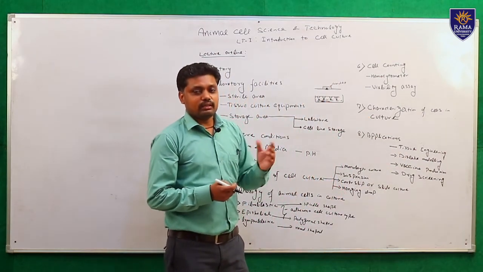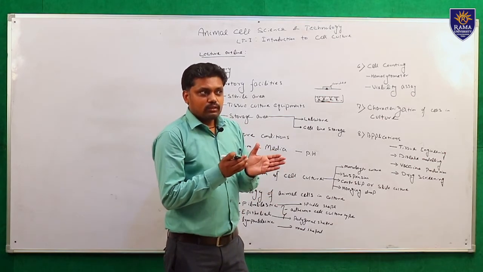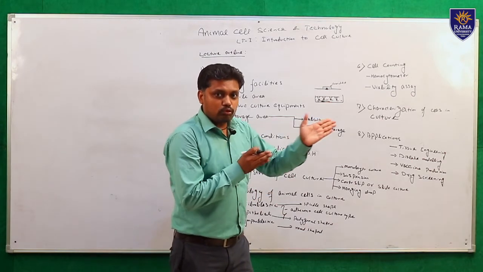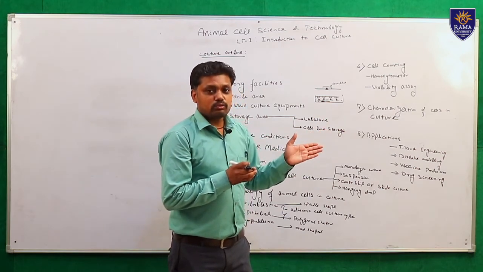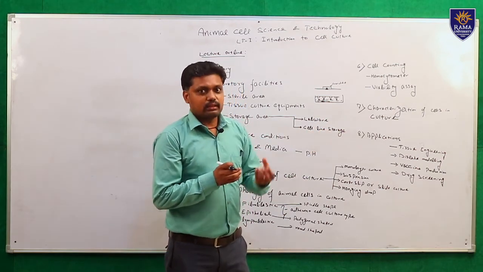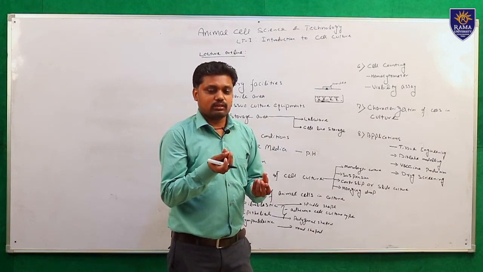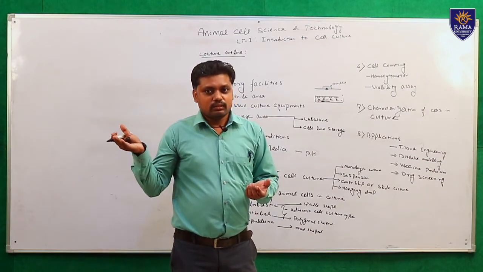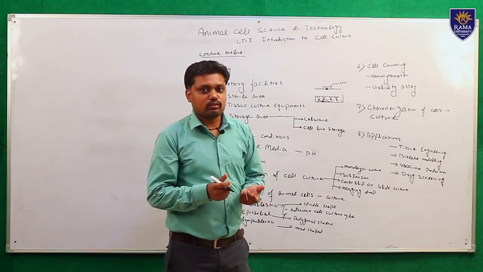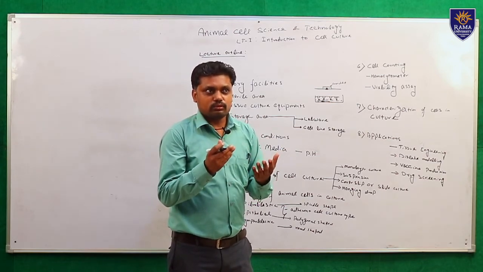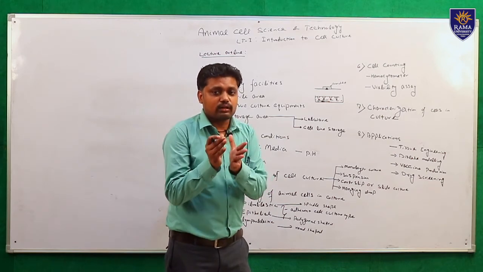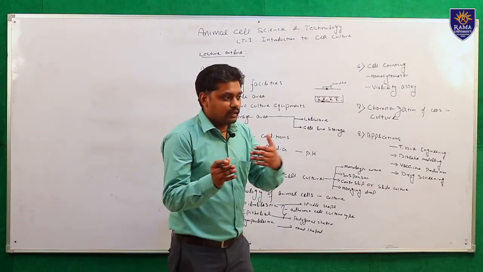Here we are using animal cells for ascertaining the growth of the disease in human. And how are we going to do it? We take an animal cell, we infect it with, suppose, today we are battling with the SARS-CoV-2 virus.